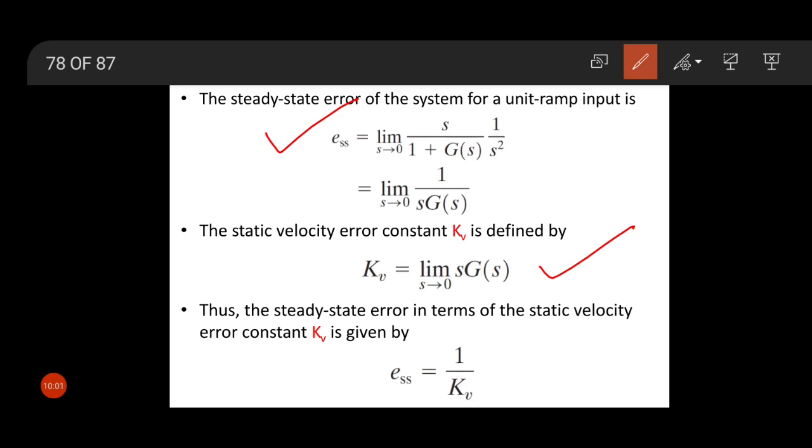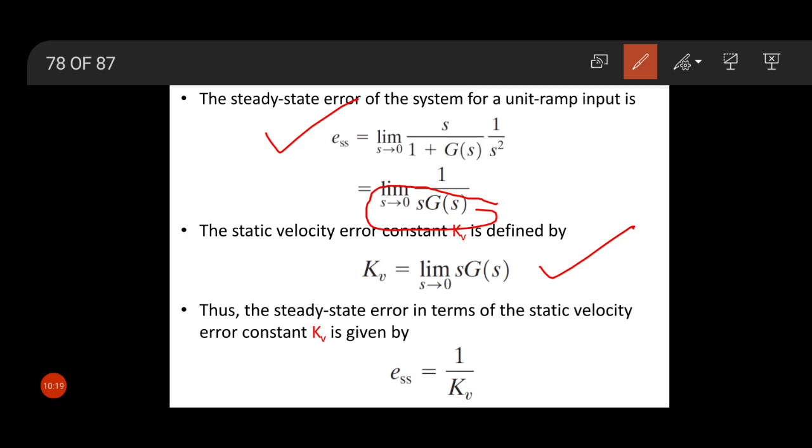So this steady state error ESS equal to limit s tends to 0 1 by sG(s), and this is basically our static velocity error constant, that means Kv.